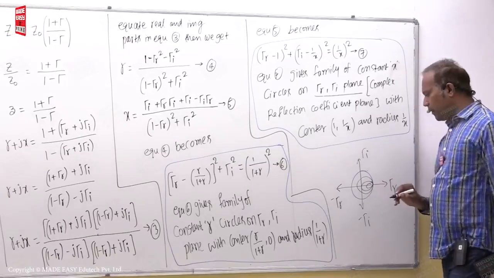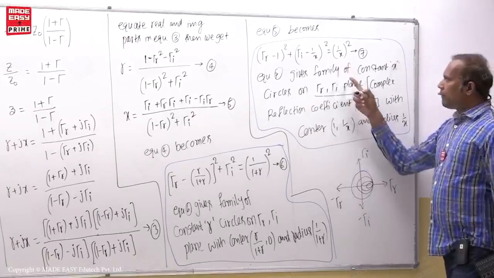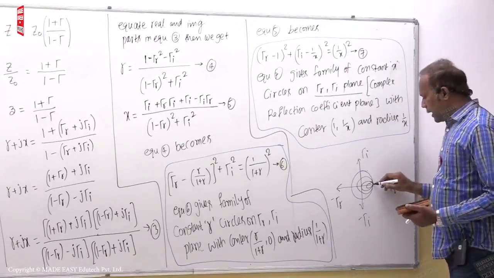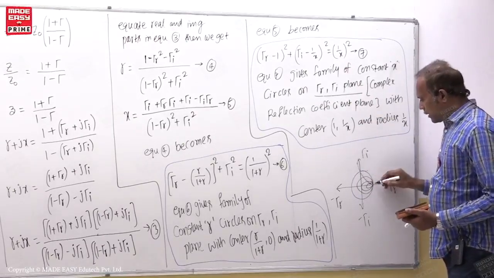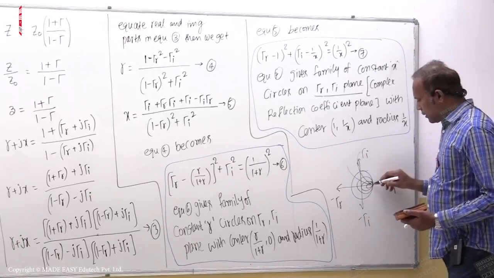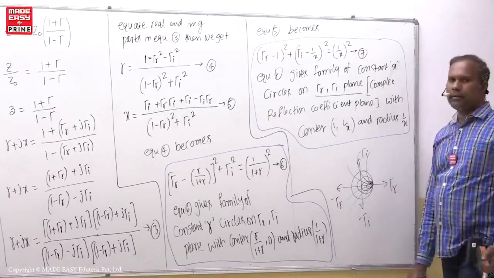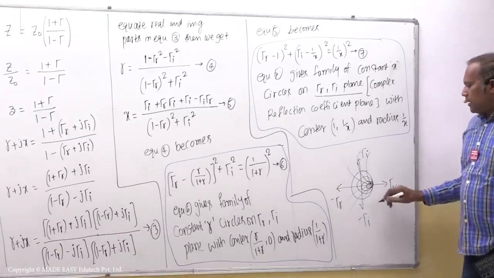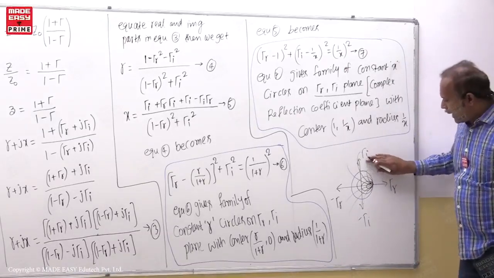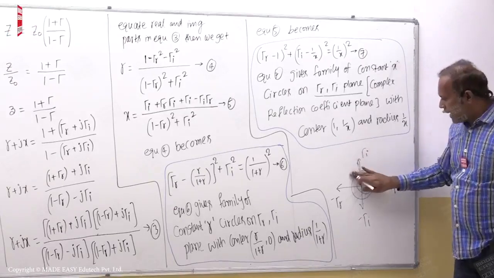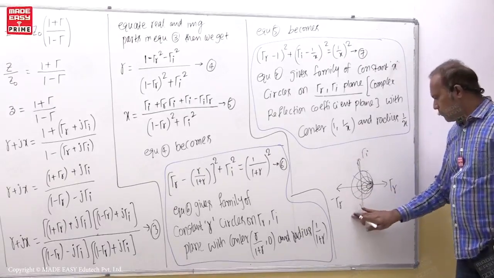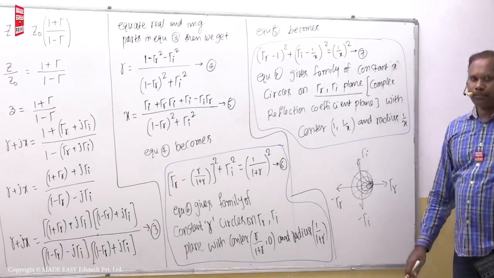I will draw them, and you draw them also. Then they will go like this. The portion outside the unit circle has to be removed. यही है स्मिथ चार्ट.